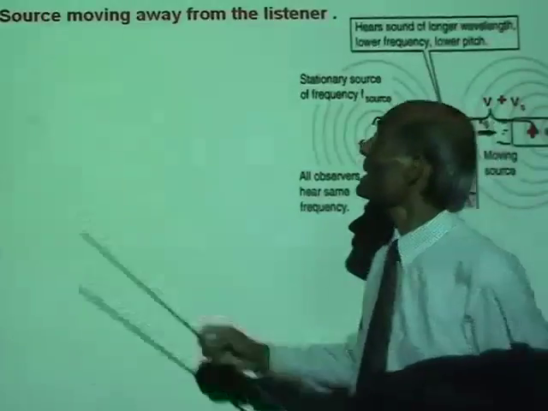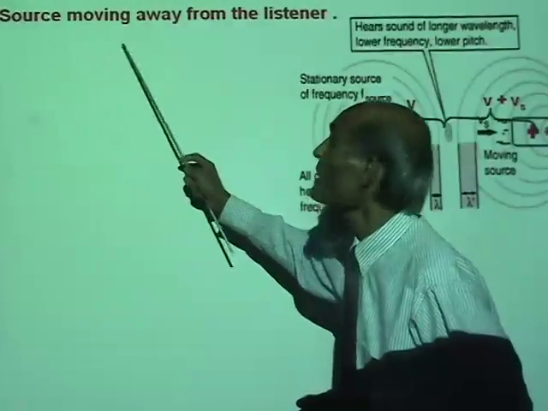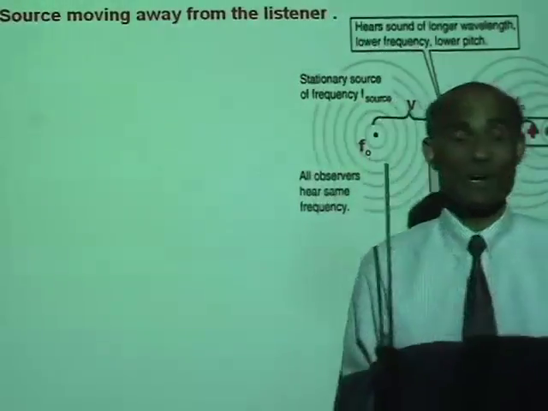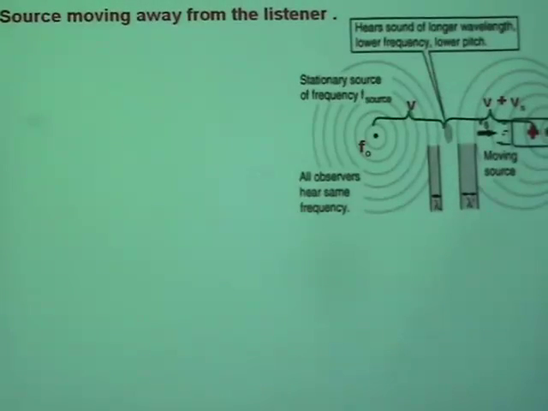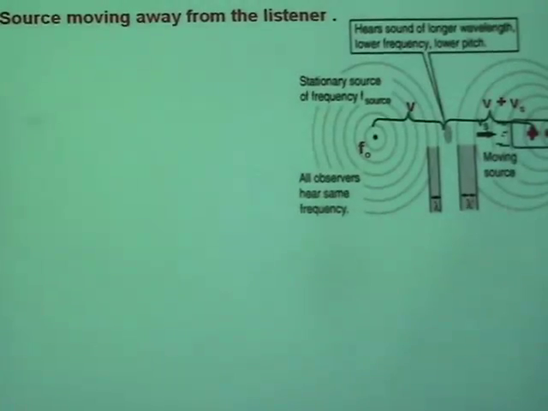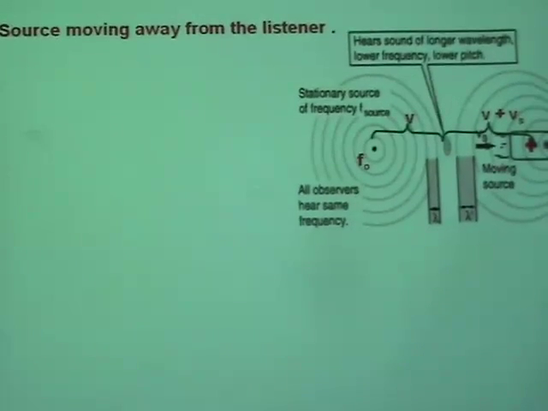Alright, the second case, the source moving away from the listener. What happens when the source moves away from the listener? What is the situation now? Now tell me, what difference will there be when the source is moving away from the listener?